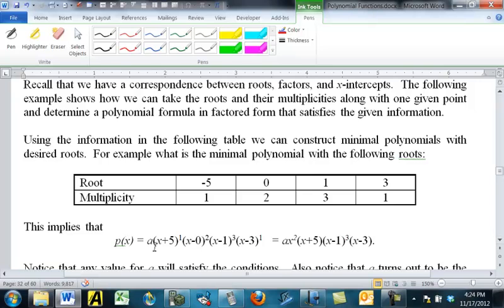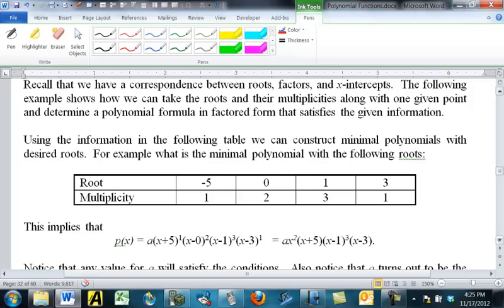Well, it's some coefficient a, which could be any real number, and then you've got x minus -5, or in other words, x plus 5 to the first power, x minus 0 to the second power, x minus 1 to the third power, x minus 3 to the first power. Now we can drop the power 1s. x minus 0 is x, and I'm going to move it to the front. So we would write it as a x squared times (x plus 5) times (x minus 1) cubed times (x minus 3).